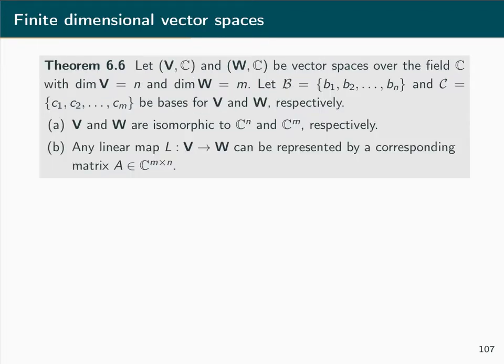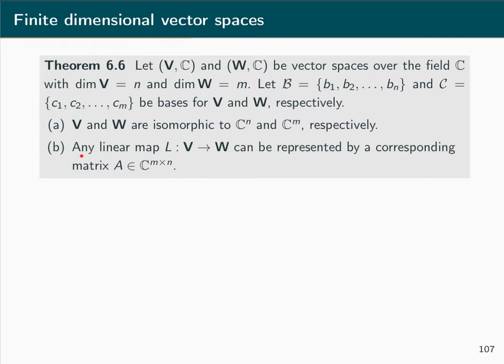For finite dimensional vector spaces, we now have the important result of theorem 6.6. So let V and W be two vector spaces over the complex field C, with the dimension of V being equal to n and the dimension of W being equal to m. Let B be a basis for the vector space V and C be a basis for the vector space W. Then we have the following two statements. A, V and W are isomorphic to C^n and C^m respectively.